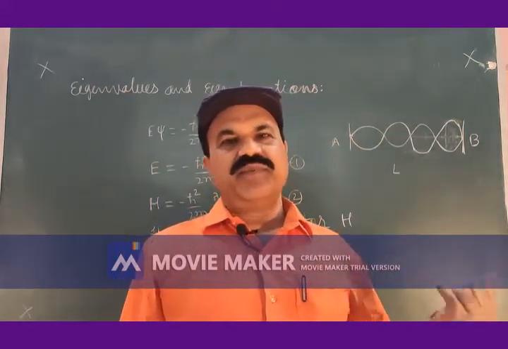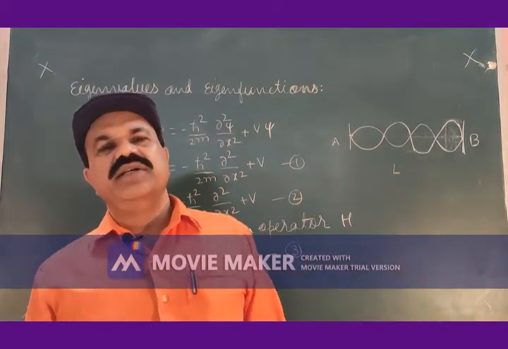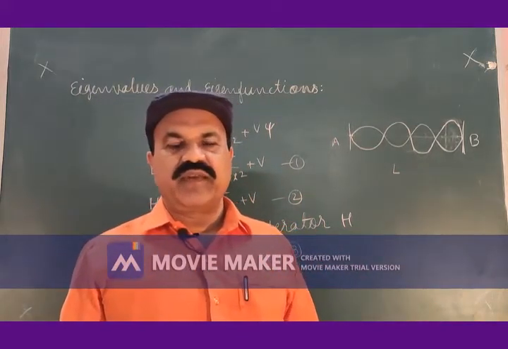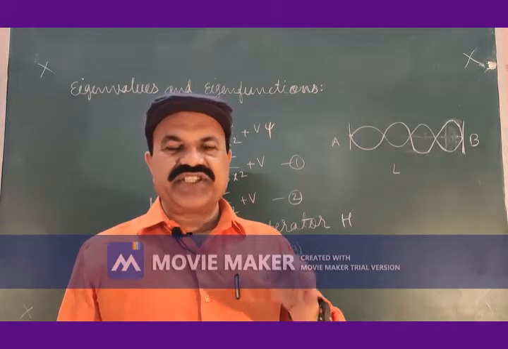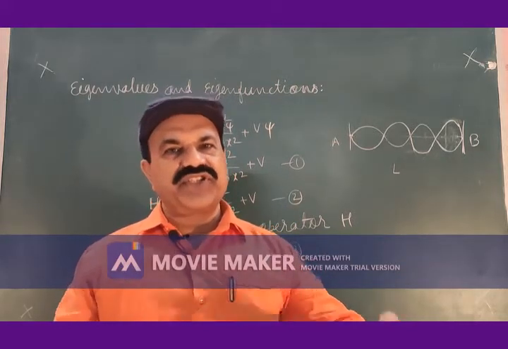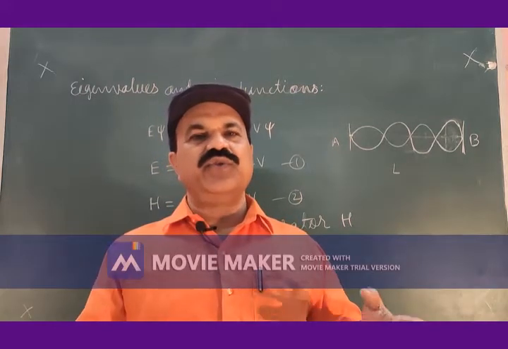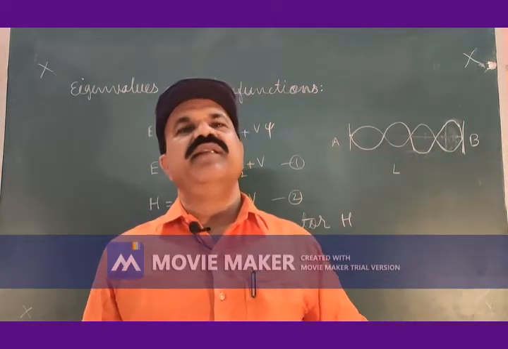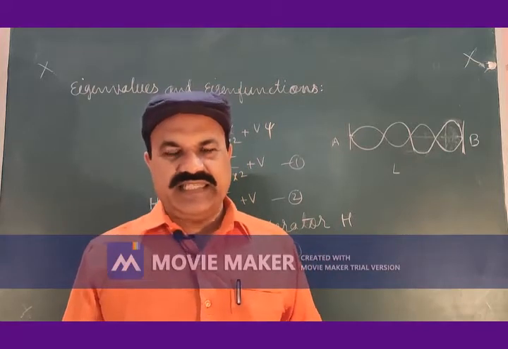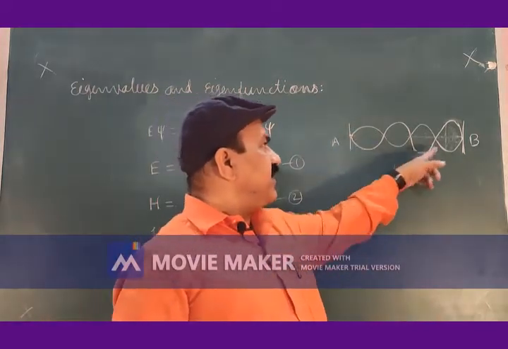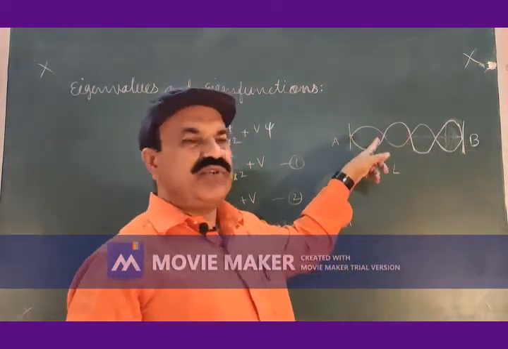So this type of stationary wave pattern will be produced when the stretched string fixed at both the ends is allowed to vibrate simple harmonically, and the condition is that displacement at the end point should be 0.